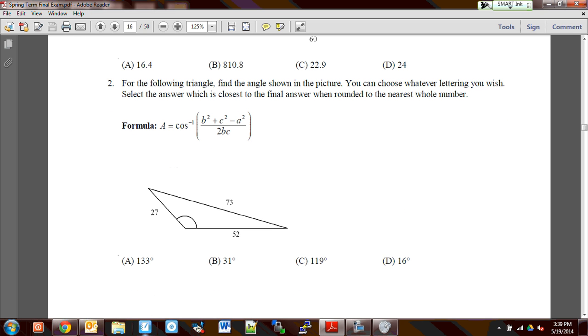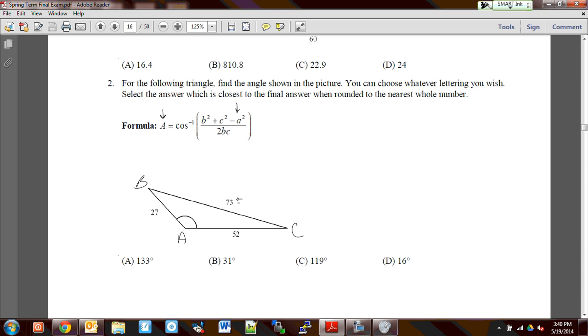Now, on this one it says, for the following triangle, find the angle shown in the picture. You can choose whichever lettering you wish. Now, you see how this is A equals the inverse cosine of b squared plus c squared minus a squared, and then there's no A in the bottom? That means this will have to be angle A, and then B and C, it doesn't really matter. Okay?